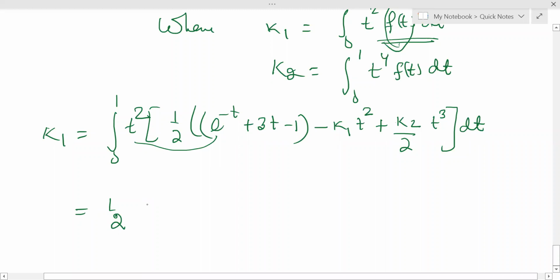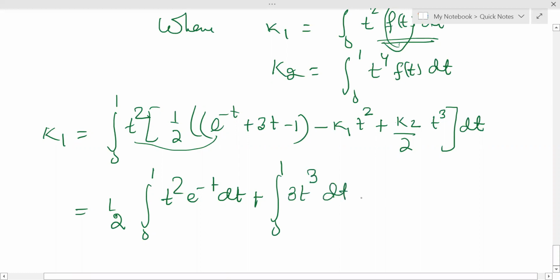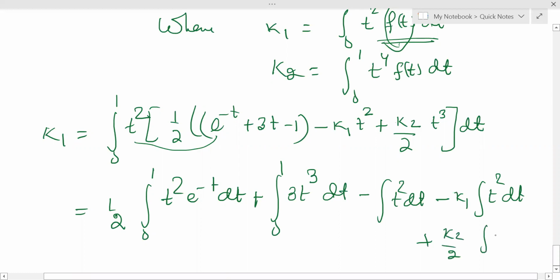Then you have written like this: 0 to 1 t square e to the power minus t dt, क्या आएगा, plus 0 to 1 3t cube dt minus t square dt minus k1 t square dt plus k2 by 2 integration of t cube dt.